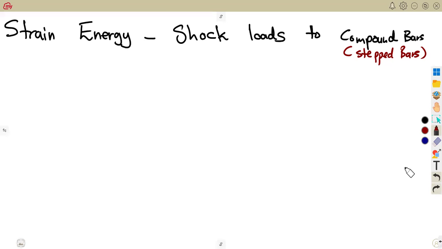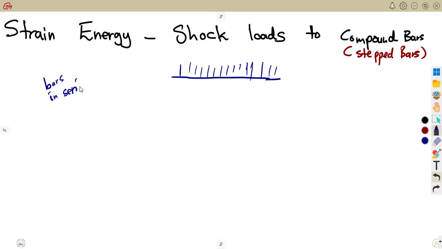Like previously, guys, we saw this part of our shock loads that we're going to have something like this fixed on top. Okay, so this will be fixed on top. Let us say we have got bars that are in series. So I'm going to work the first part with bars in series.